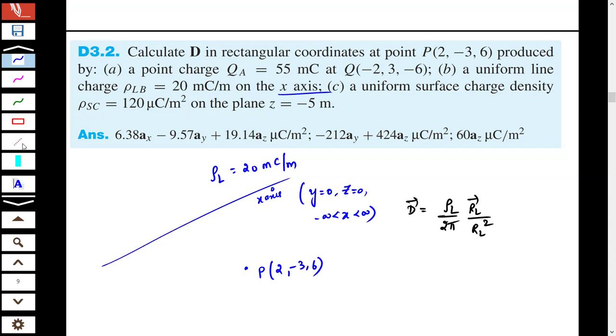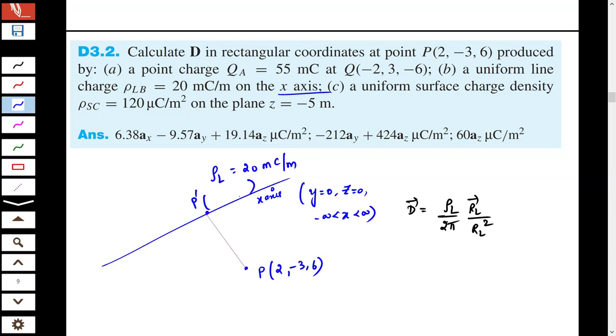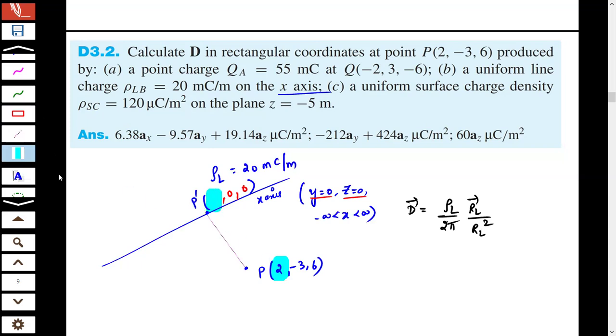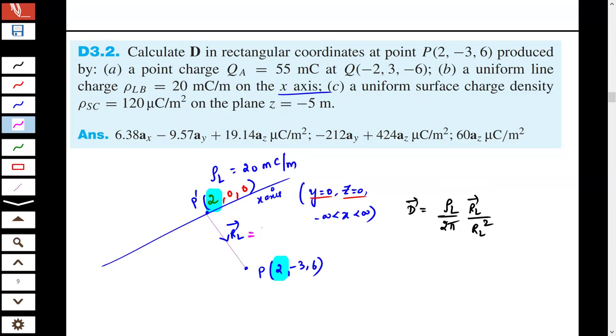So first we should draw a perpendicular from P to this line charge. The point of intersection, the coordinates of P dash, we should find. We know always on the x-axis the y coordinate is 0 and the z coordinate is 0. The x coordinate will be the same as the coordinate of the point P, because we have drawn a perpendicular from the point P, so the x coordinate will be the same for the point P and P dash. Now the vector RL is from the line charge to the point P. The x component will get cancelled.